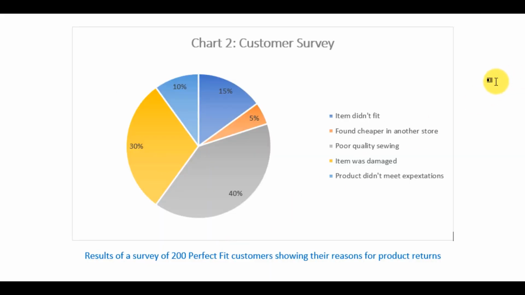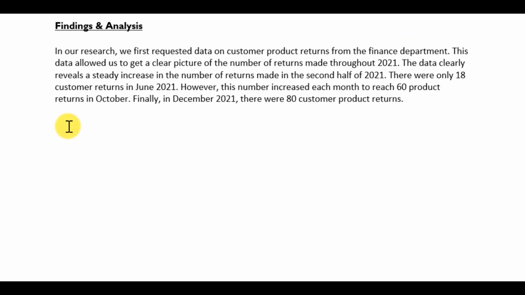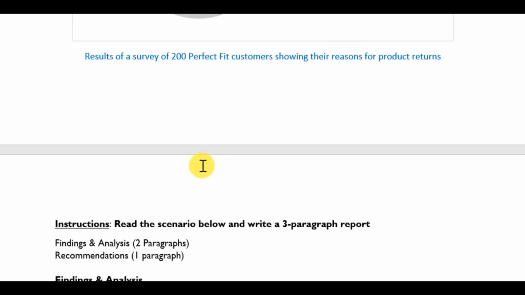And here are the results of our survey. So, continuing on, we then did a survey. And again, I could use the word did, or I could use a more professional academic word. We then conducted a survey. And who exactly did we survey?